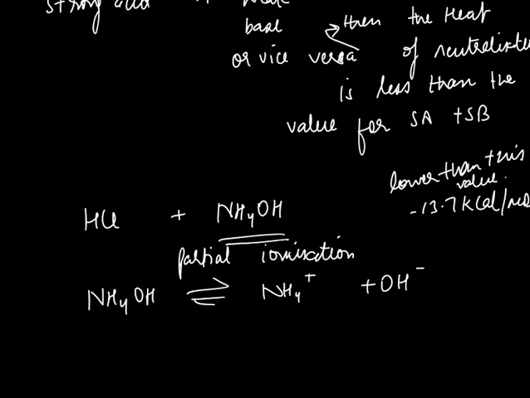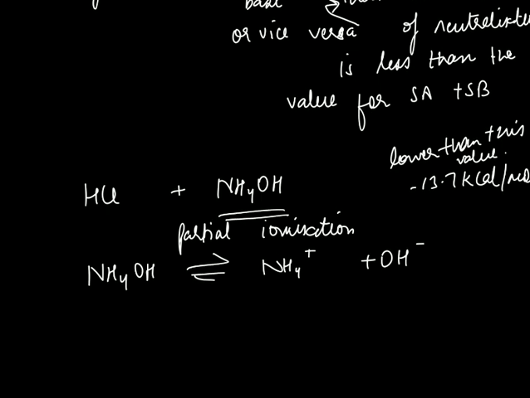Why is that? Because some amount of heat energy which was supposed to be released in the case of strong acid and strong base, is getting released over there. But in case of strong acid weak base, or weak acid strong base, some amount of heat energy is going to be taken up by the weaker counterpart in order to ionize itself. Because they are weak, they won't be able to ionize in the first place. They will utilize that supposedly released energy in order to ionize.